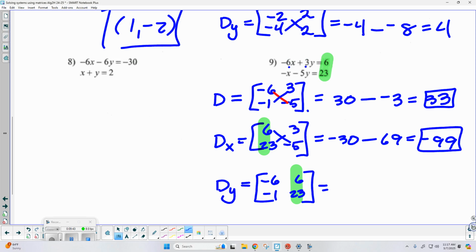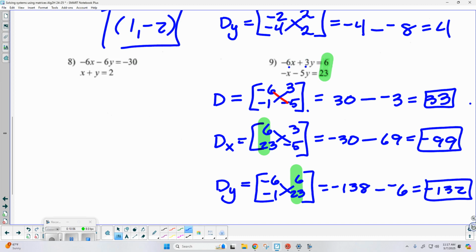Okay, so let's see. -6 times 23 is a -138. And then we're going to subtract. -1 times 6 is a -6. So what's a -138 plus 6? Negative 132.